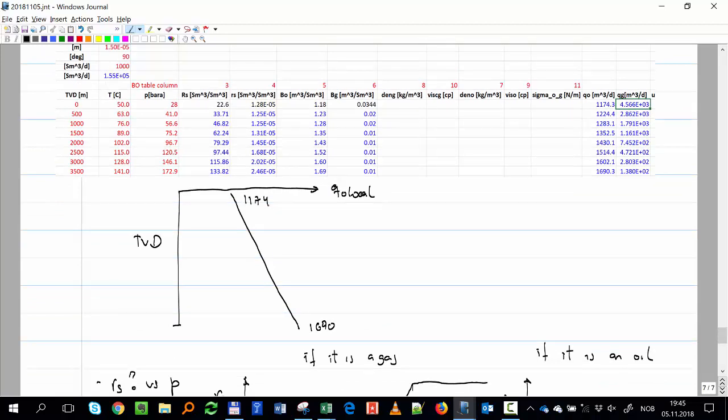while the gas is going in the other direction. So that's Q oil, and the gas will go the other way. There is very little gas here, and then it will expand almost all the way here. So that will be Q gas. This will be 138, a very small number, and here you will have 4,566.